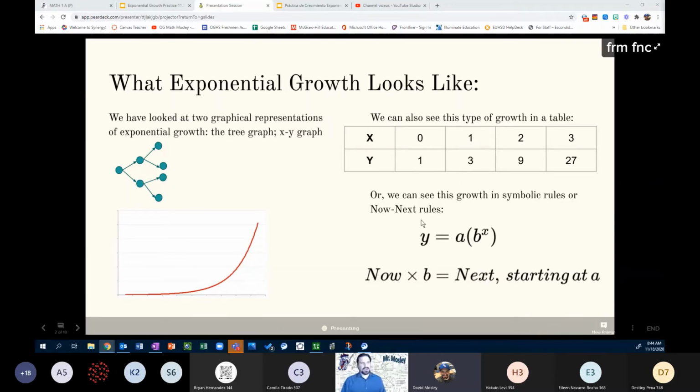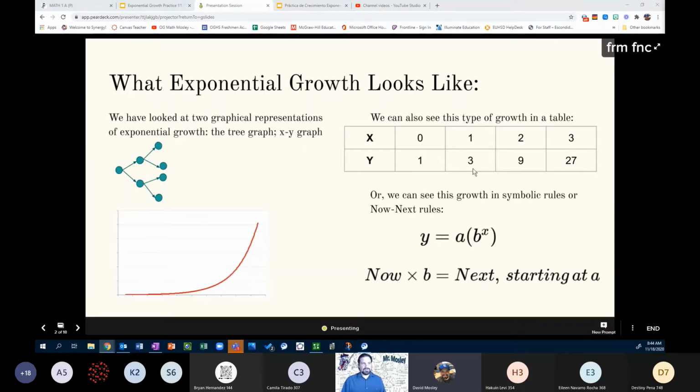It's multiplying by 3 to go from one number to the next. That's exponential growth. If we saw the same increase each time, like +2, +2, +2, that would be linear, which was our last unit.